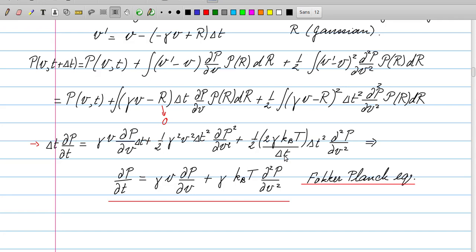So if you do a simulation and you decrease this delta t, so the time steps get smaller and smaller, then the random forces get larger and larger. In fact, they scale with the square root of 1 over delta t. So r squared is proportional to 1 over delta t. That cancels one of the powers here. So this term is of order delta t. This term is omitted indeed because it's of order delta t squared. So everything here is correct up to order delta t.